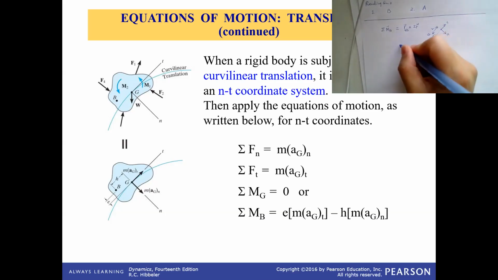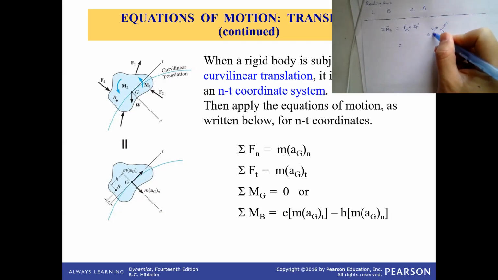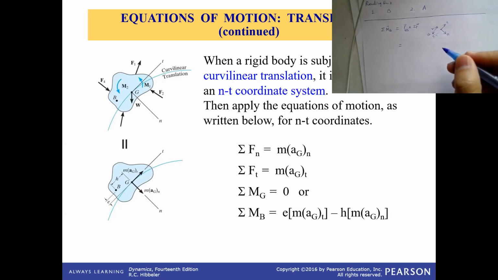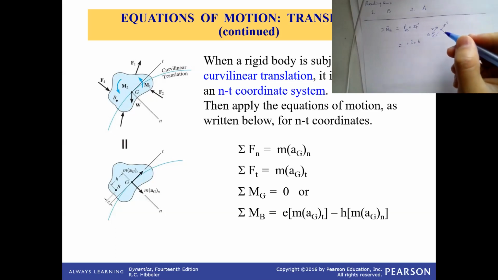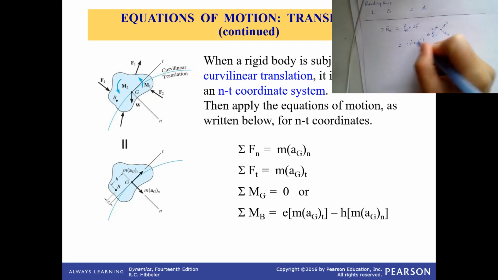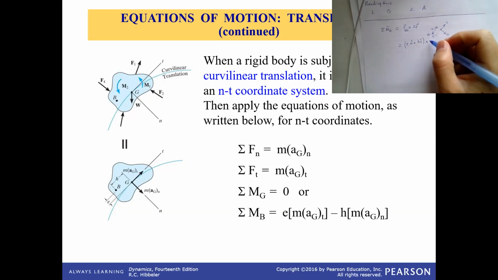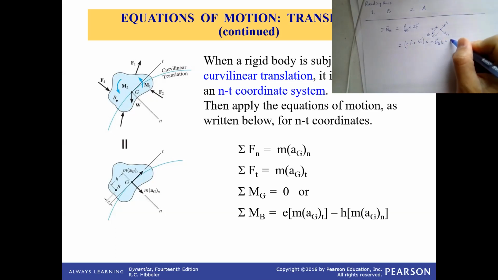So r of G with respect to B should be equal to e in the normal direction plus h in the tangential direction, crossed with the net force. The net force you can write as mass times acceleration of G, in the tangential direction plus in the normal direction.